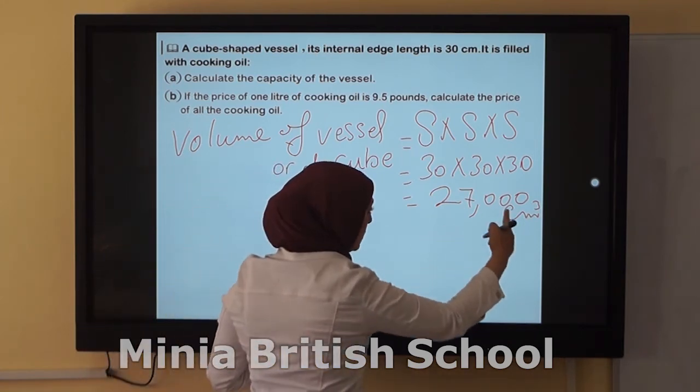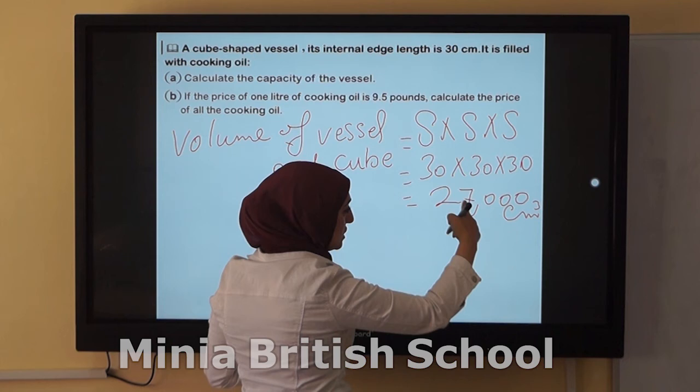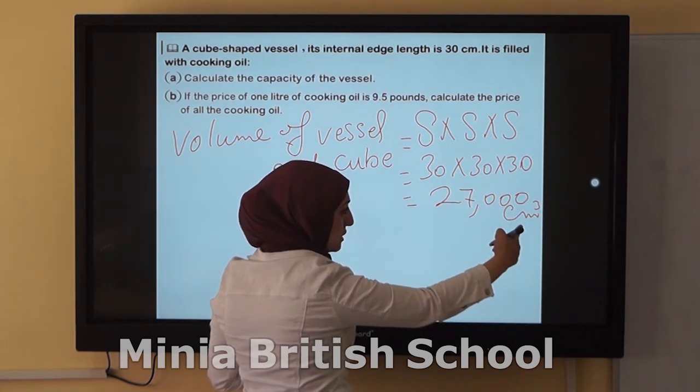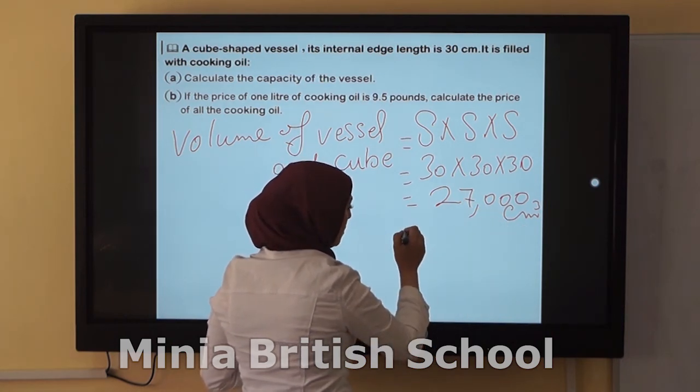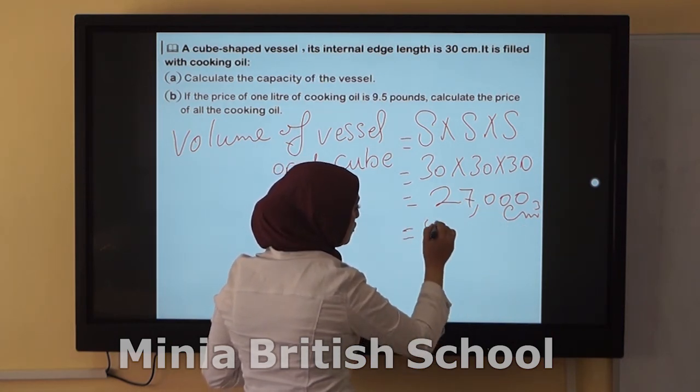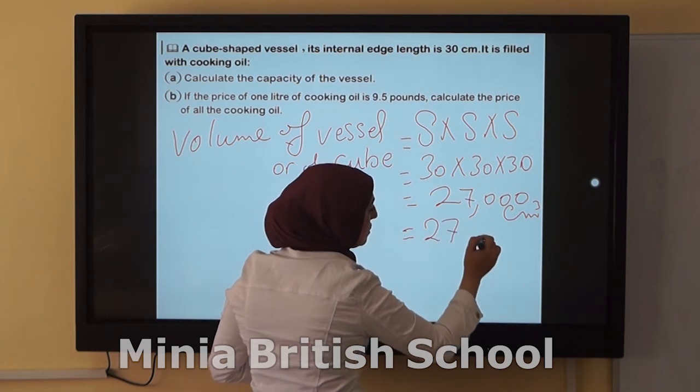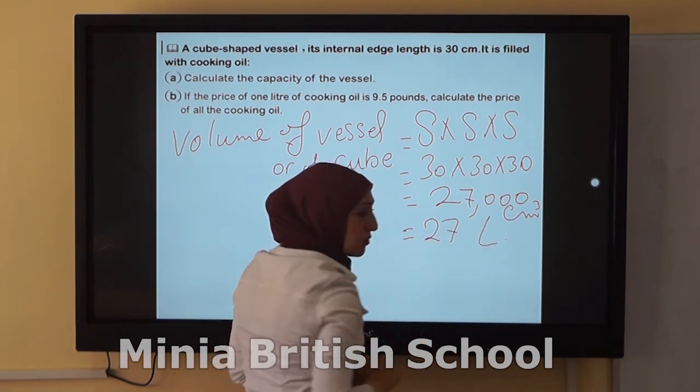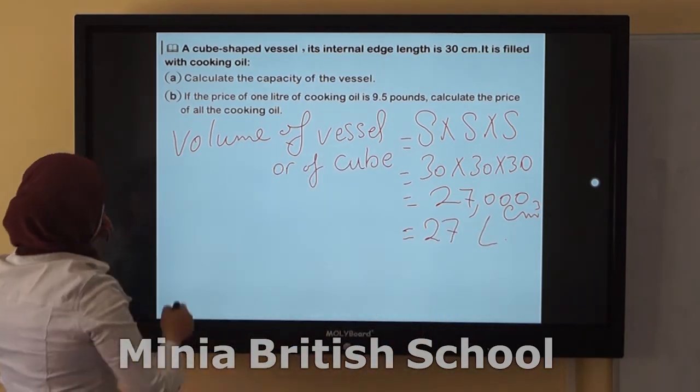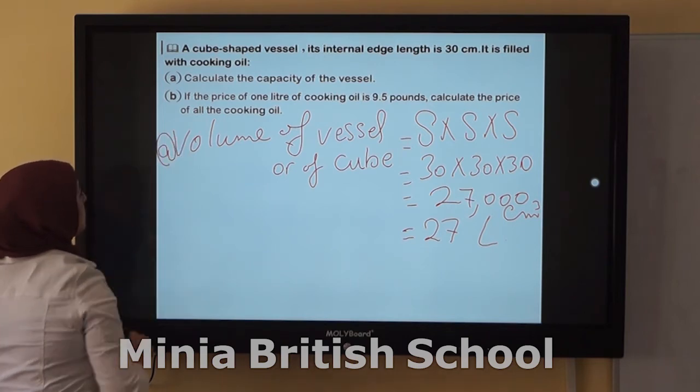So I can write here 27,000 cubic centimeter equals 27 liters. Then, this is the first question.